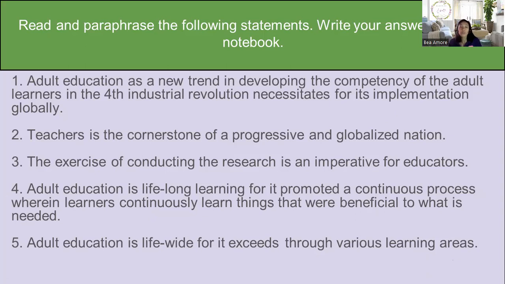Number 2: teachers are the cornerstone of a progressive and globalized nation. 3: the exercise of conducting research is an imperative for educators. 4: adult education is lifelong learning, for it promotes a continuous process wherein learners continuously learn things that are beneficial to what is needed. Number 5: adult education is life-wide, for it extends through various learning areas.